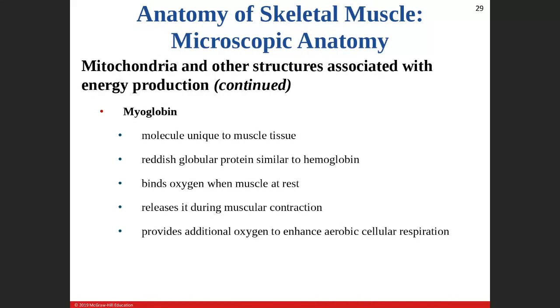All right, myoglobin. That is the cell's version of hemoglobin. It's going to bind oxygen, and when that muscle is actually undergoing contraction, it's the myoglobin that provides the oxygen for cellular respiration. So we create that aerobic cellular respiration with oxygen so we can get as much ATP as possible.